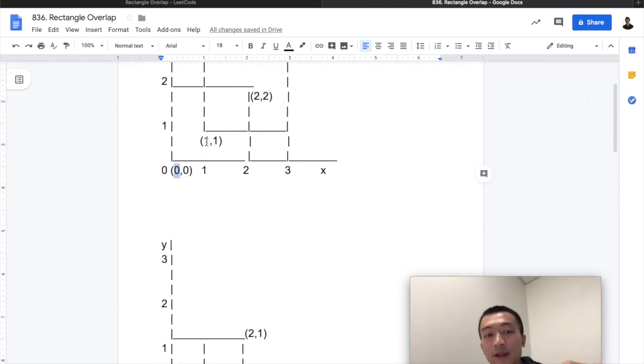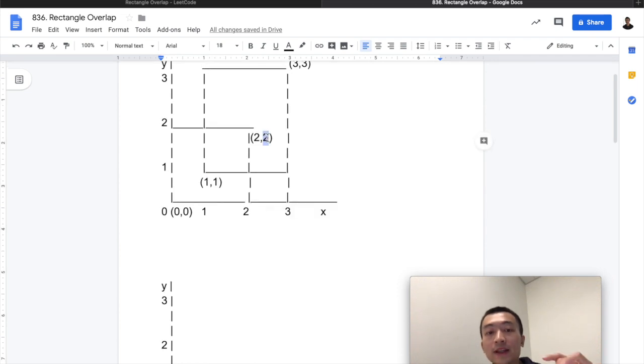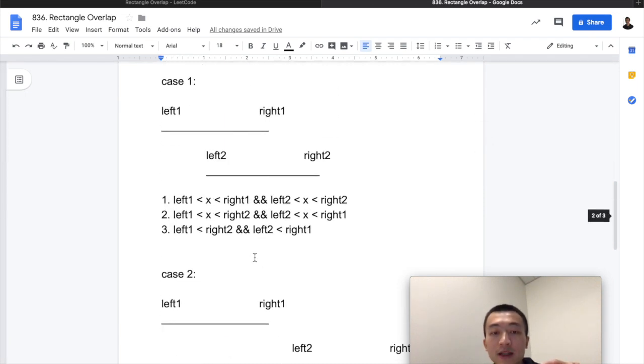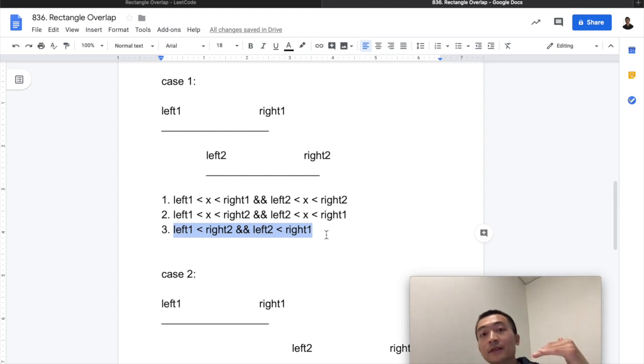This is left 1 and this is left 2. We can just take these coordinates into this condition. Then we can figure out, as long as these two rectangles overlap each other on the x-axis and also on the y-axis, we can be sure that these two rectangles overlap. Basically, as long as they meet these conditions, these two rectangles overlap. I hope that is all clear.